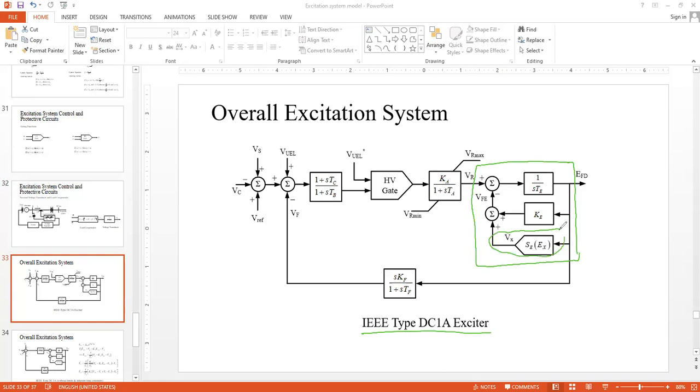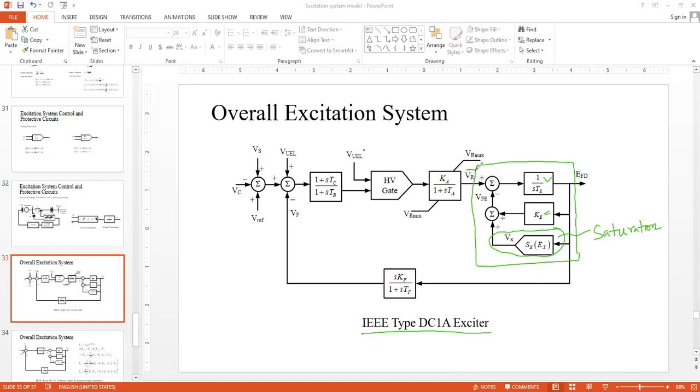So this is the saturation modeled. And then this is the exciter time constant TE, and this is the exciter gain KE. We have already derived the expressions for TE and KE, and these signals are fed back at this summing junction.